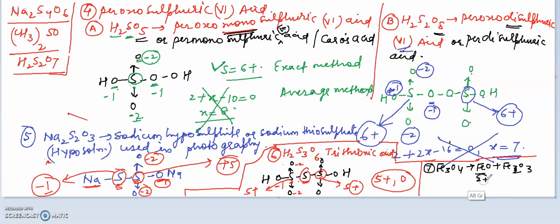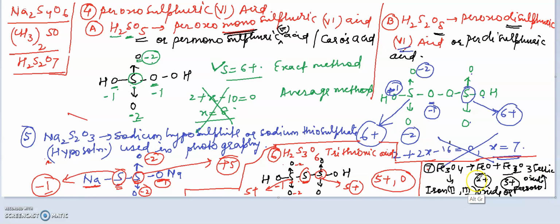This Fe is 2 plus charged and this Fe is 3 plus charged. So this Fe3O4 is iron(II,III) oxide or ferroso-ferric oxide.